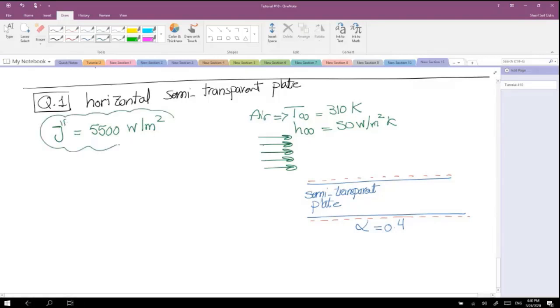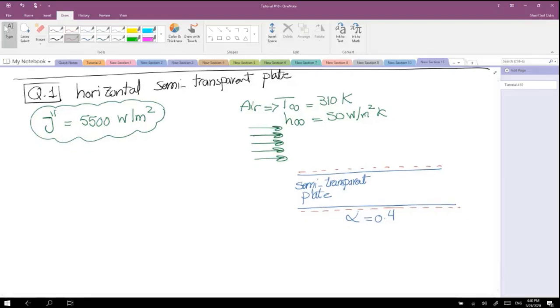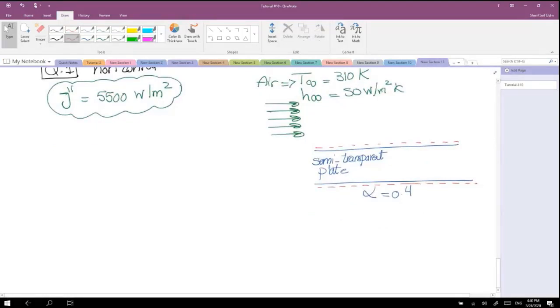And also given to you is the surface temperature, 360 Kelvin. He is asking for the plate irradiation G, and he's asking for the emissivity epsilon.